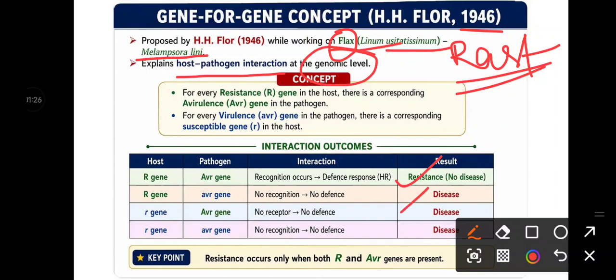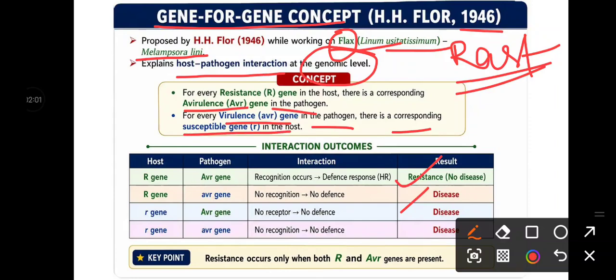How this interaction occurs is governed by the gene for gene hypothesis given by Flor in 1946. So the basic concept is, for every resistance gene in the host, there is a corresponding AVR or avirulence gene in the pathogen, and vice versa. For every virulence gene in the pathogen, there is a corresponding susceptible gene in the host.